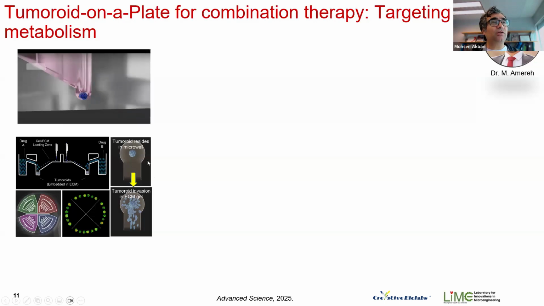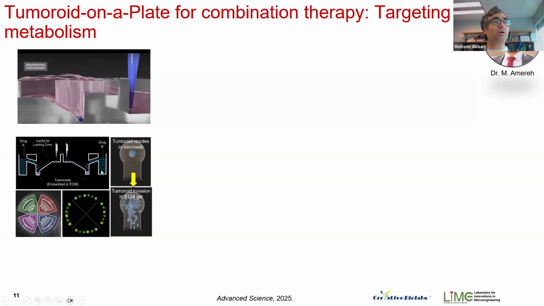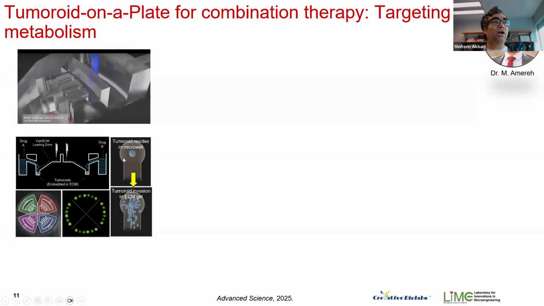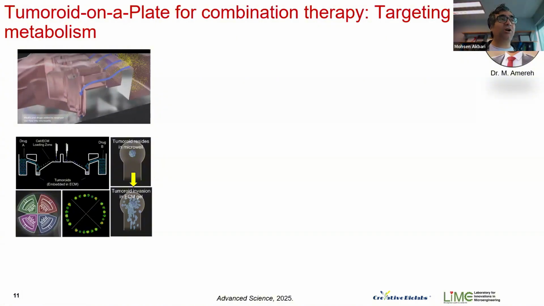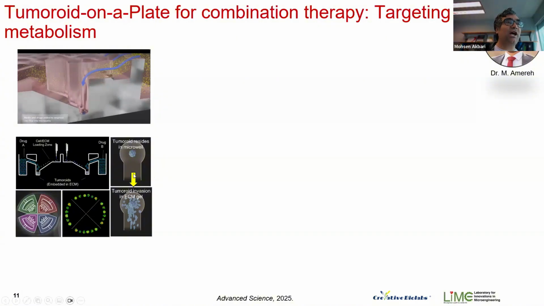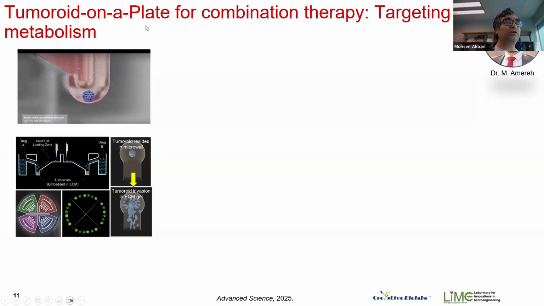So the approach we used was to create these tumoroids from both cell lines and, in this study, patient-derived cells using what we now call our tumoroid-on-a-plate platform.